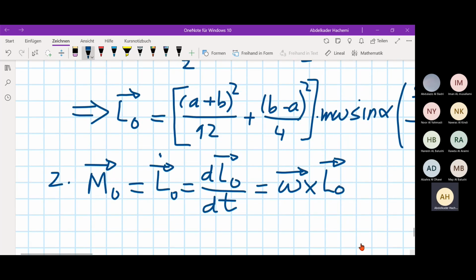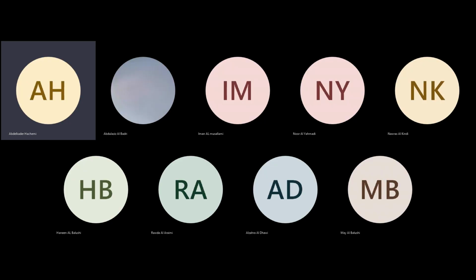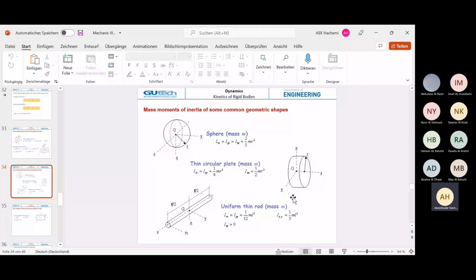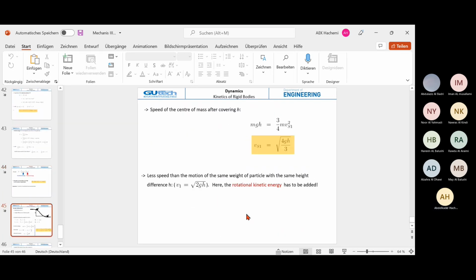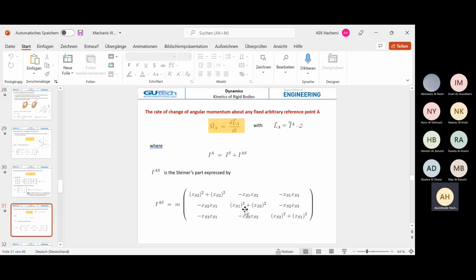Okay, now we return back to the lecture to have better visualization. As we said, IS is only 1 over 12 M, our L here in the example is only a plus b, square. This is one case. Now return to the definition. We said the moment at any point, okay?